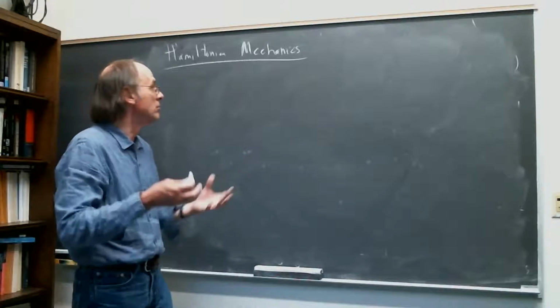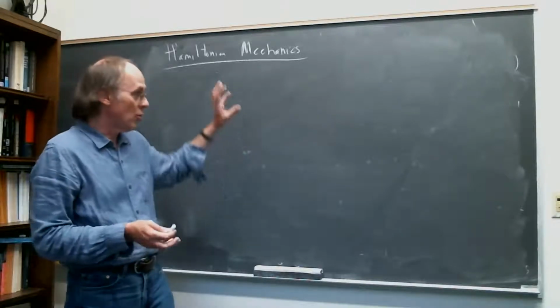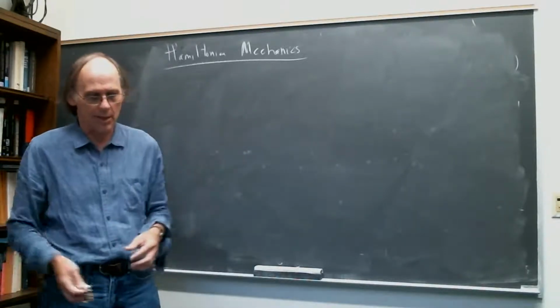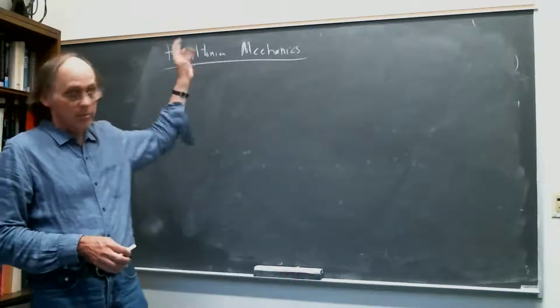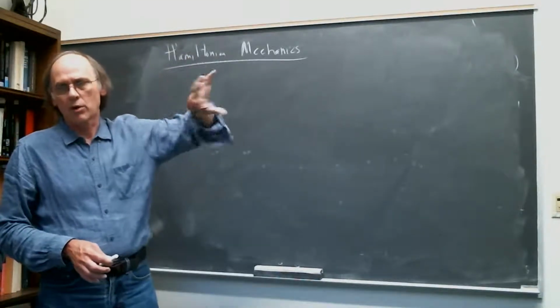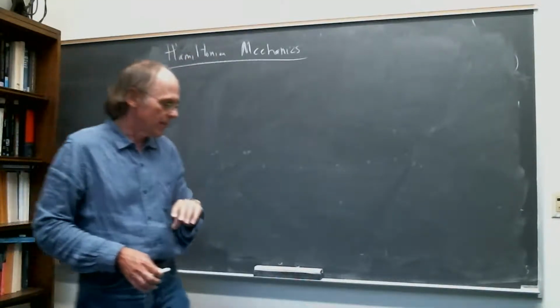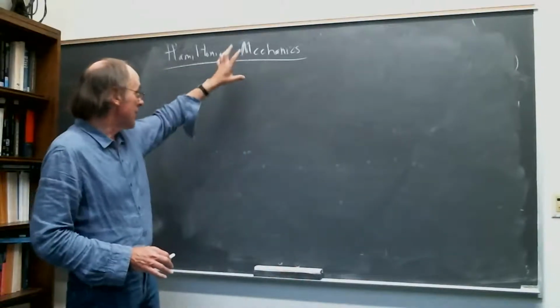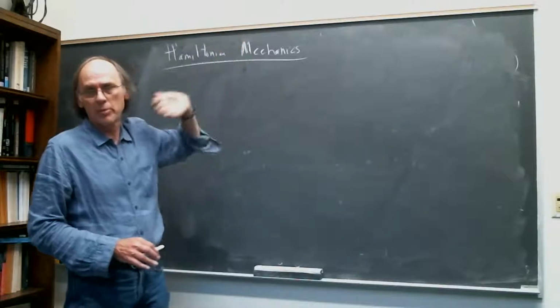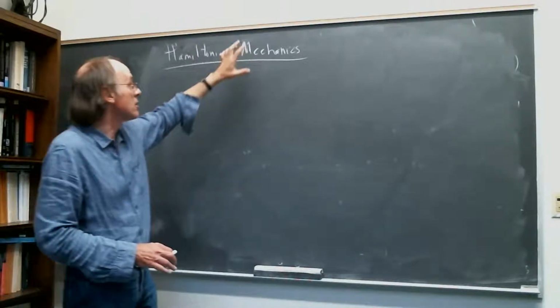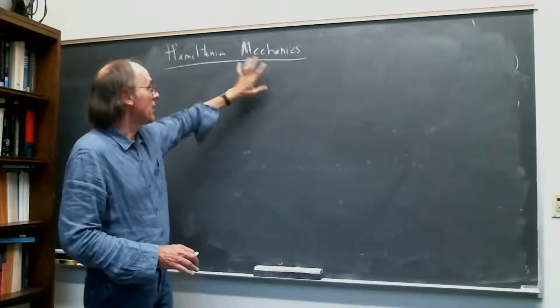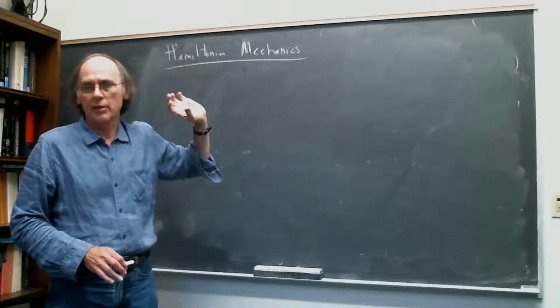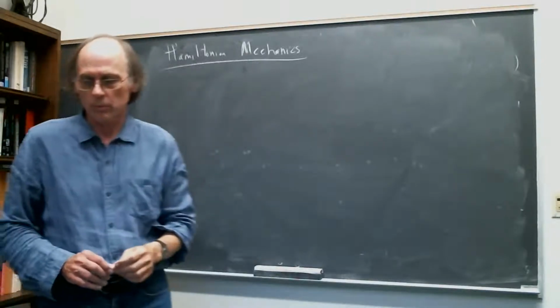One form starts with the Lagrangian, and then gets all the Lagrange equations. But another form is Hamiltonian mechanics, and this is the form which has a lot of the same mathematical structures that we're interested in.